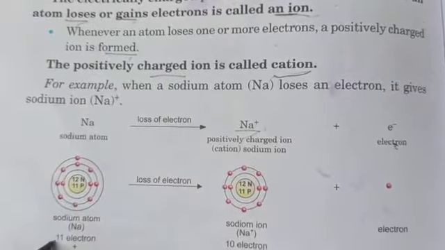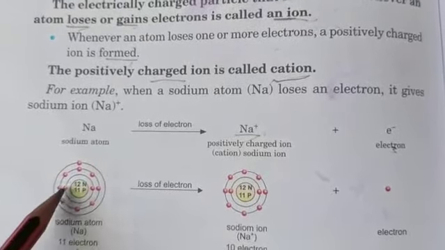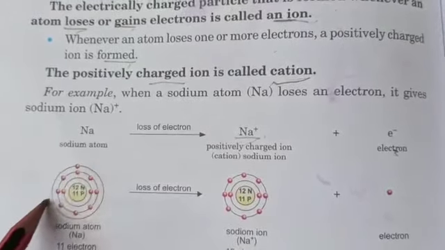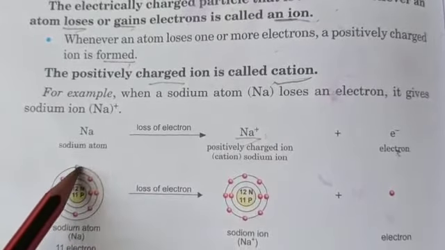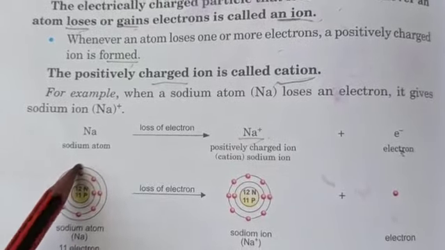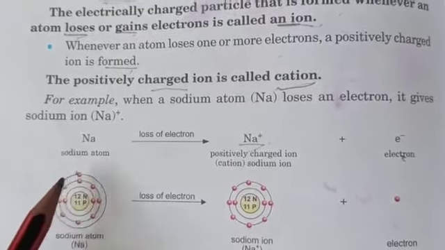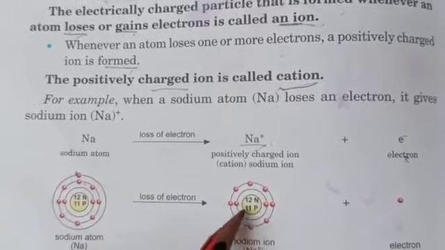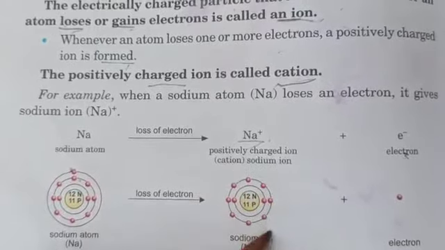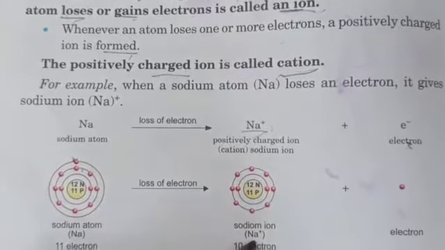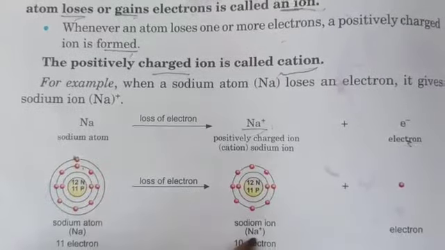Because atomic number of sodium is 11, in first shell it has 2 electrons, in second it has 8 electrons, and in last shell it has only 1 electron. To become stable, it loses its 1 electron, so it has now 10 electrons and it acquires positive charge. Okay, that is known as cation.